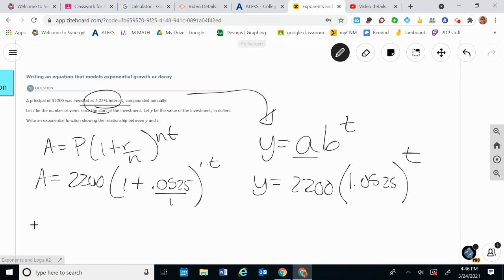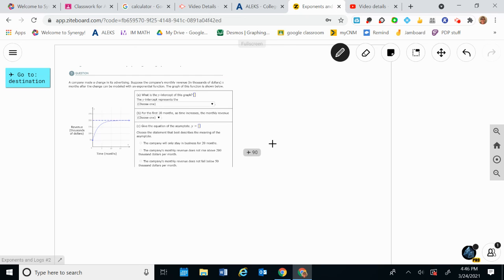And you get the same exact answer. Change this to y because they tell you A is y. Y is the value. I just don't want you to be scared of these. They're not that scary.